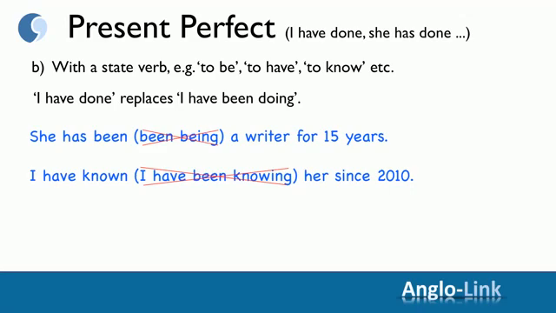So we switch it back to the present perfect simple. I have known. But the timeline will look exactly like the present perfect continuous tense. A state that started in the past and continued and is still correct at the present moment.